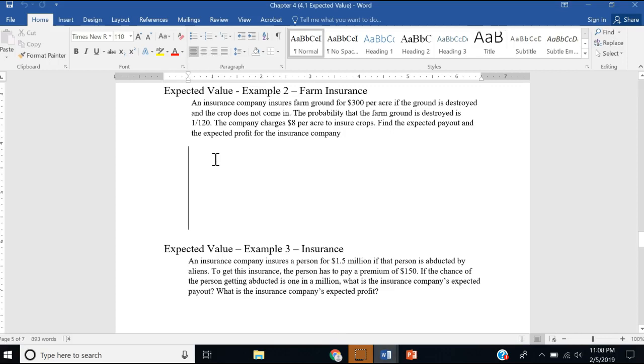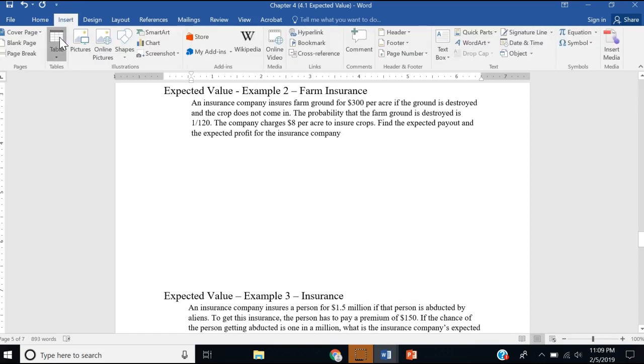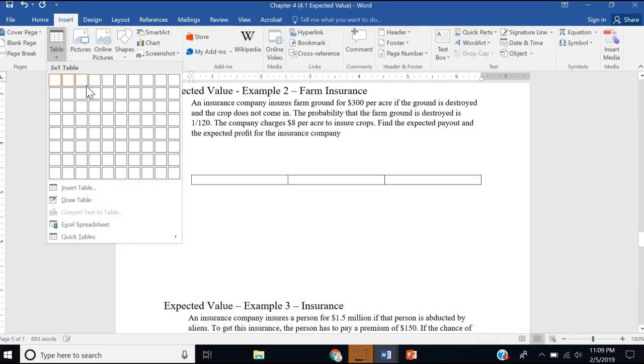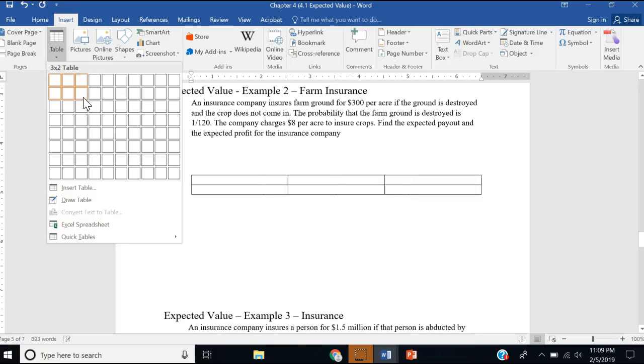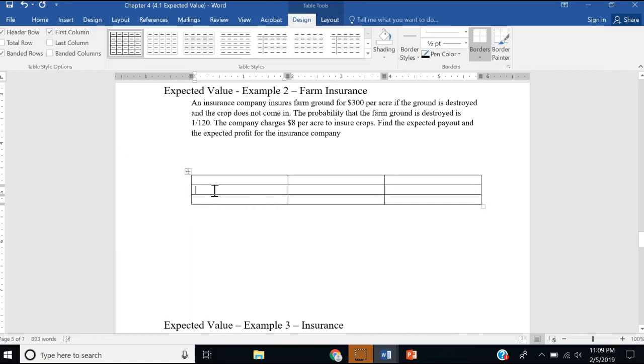What I would do to create an expected payout is first create a table. My table is going to be a little bit bigger than necessary, but that's okay. Let's call the variable y for payout. Sometimes people will use different letters as needed.